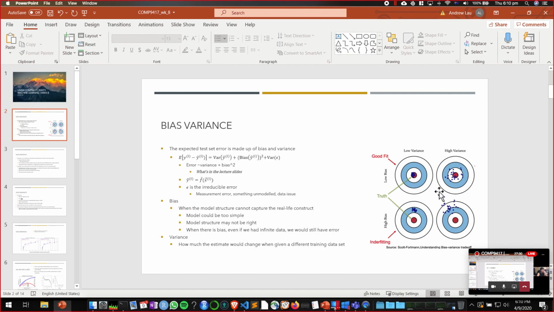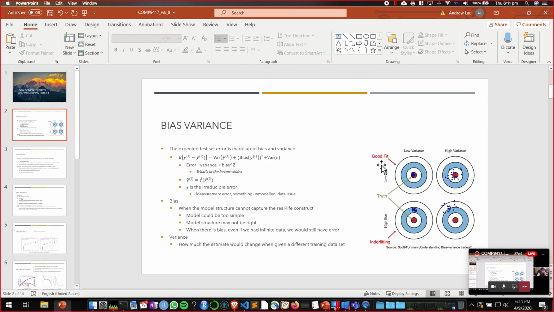Another way to think about bias is, if you had infinite data points, an estimator which is unbiased would give you the true result, right? If there's no bias, given infinite data, you get the true result. You can kind of see what's happening here.